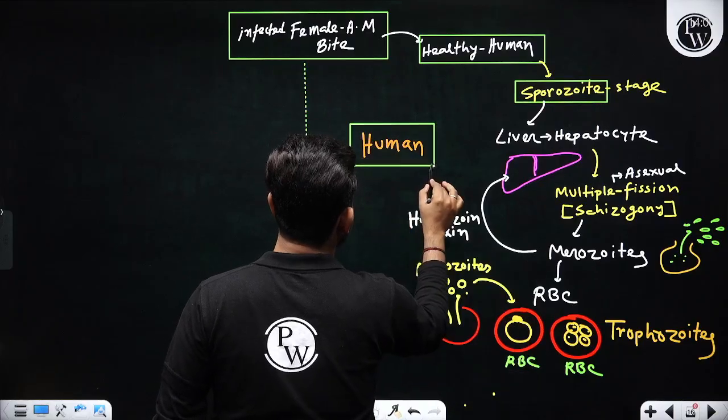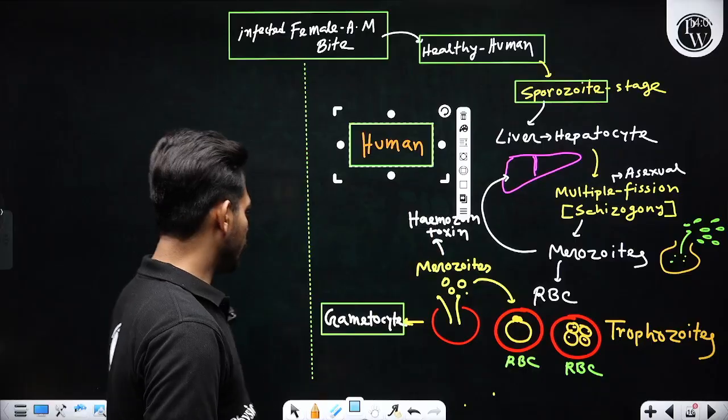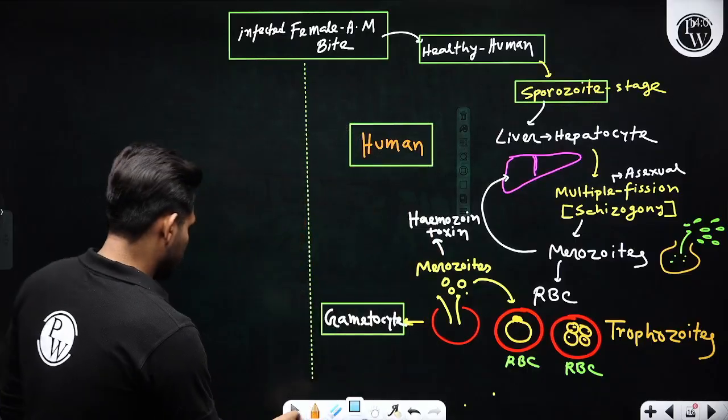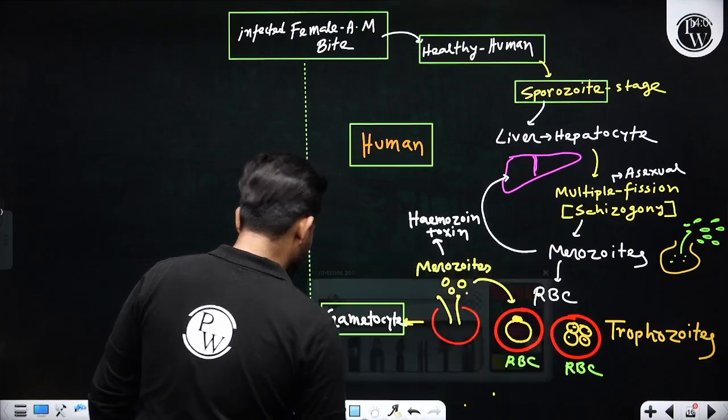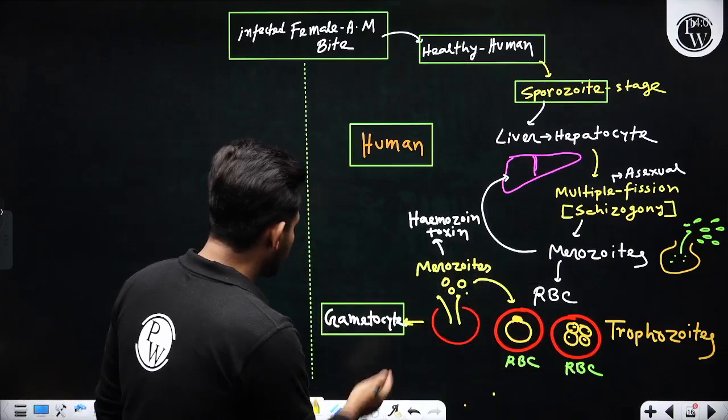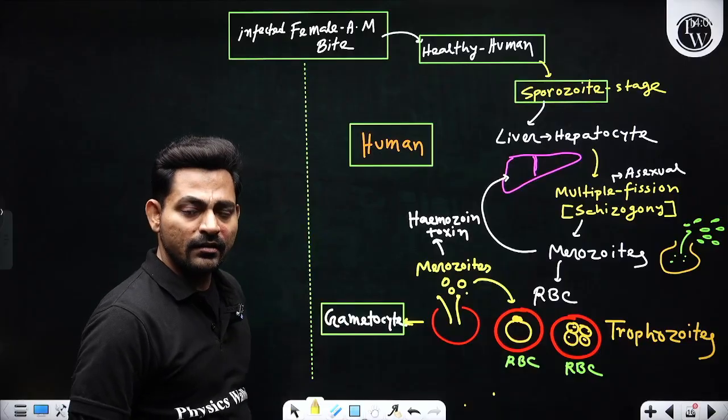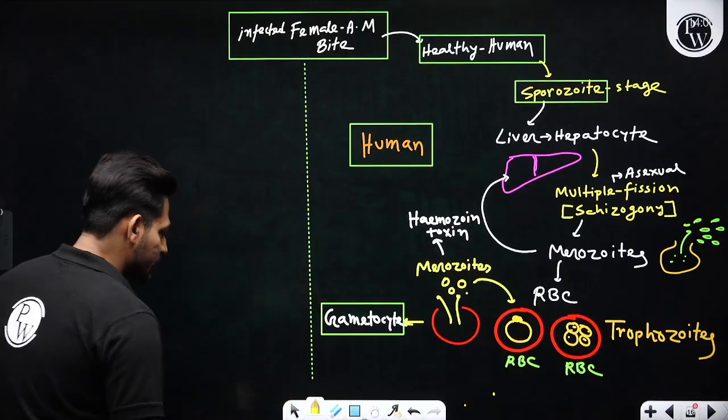Now we'll talk about the stages of Plasmodium in the mosquito. Now here, this infected human is carrying sporozoites, merozoites or gametocytes. Now again there will be a mosquito bite here.